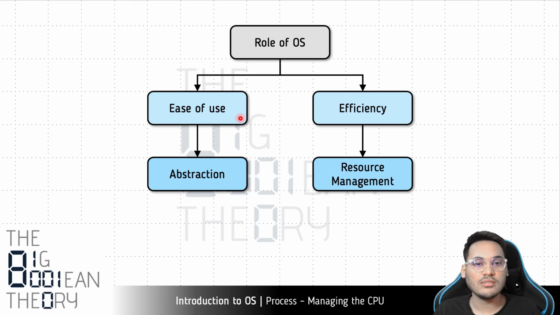The second is to ensure that the hardware is used efficiently, and for that it does careful resource management for that particular hardware resource. Now we will talk in the context of the CPU and see how the operating system makes the CPU easy to use and at the same time ensures that it is used efficiently.